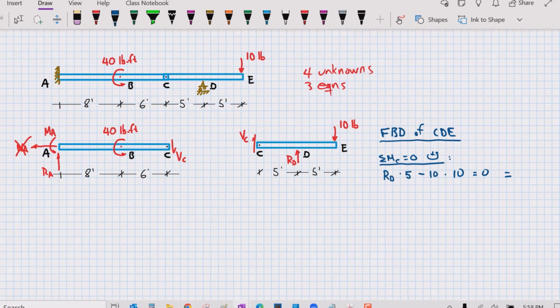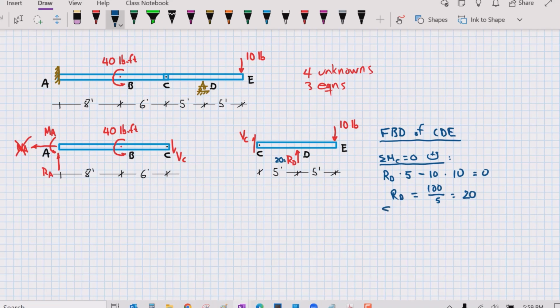So RD equals to 100 divided by 5, 20. Positive, so I got it right. So RD equals 20.